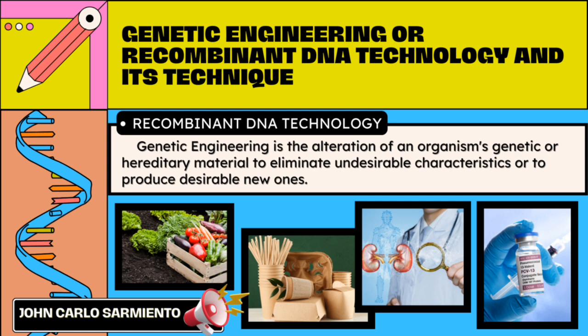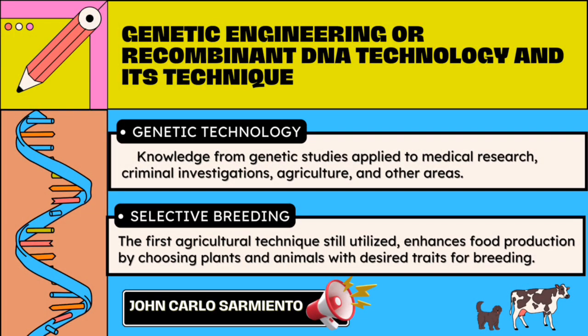Recombinant DNA technology. Genetic engineering is the alteration of an organism's genetic or hereditary material to eliminate undesirable characteristics or to reproduce desirable new ones. Genetic technology. Knowledge from genetic studies applied to medical research, criminal investigation, agriculture, and other areas.